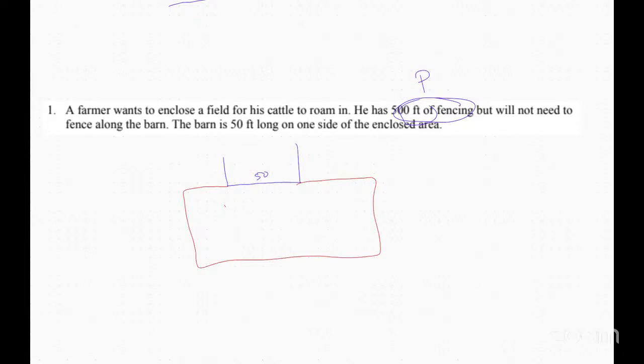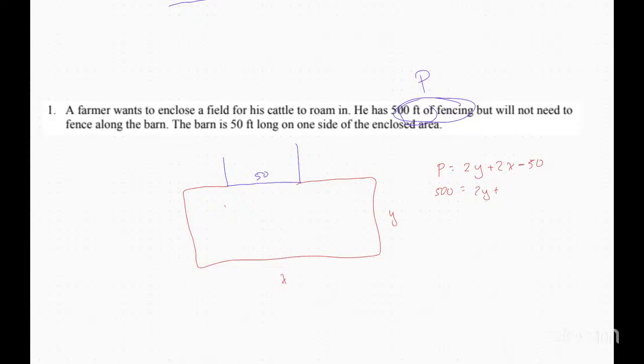Okay, so let's say that this is x and this is y. The perimeter equals 2y plus 2x minus 50 because you don't need to fence along the barn. And we know that was 500. Whenever you do these problems, you want to get one variable in terms of the other.